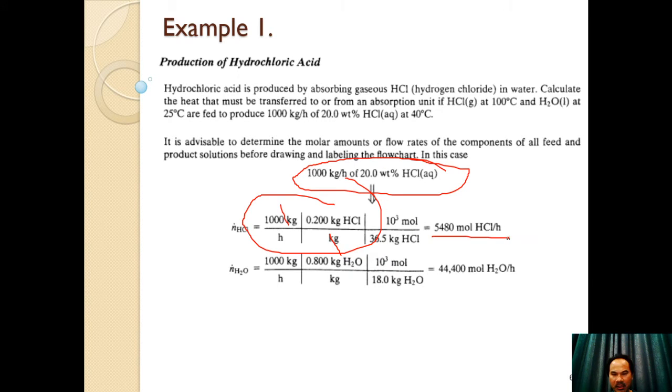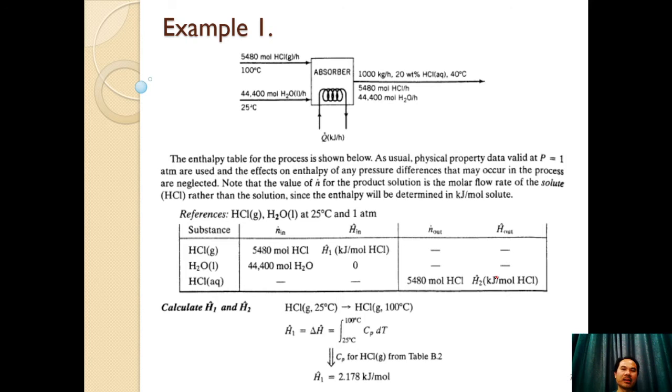1,000 gram moles. You get the molar flow rate of HCl in moles per hour, and also 80% is water. From 1,000 multiplied by 0.8, and the molecular weight of water is 18, you get 44,400 moles of water per hour. Now you know the molar flow rate of HCl and water in the output stream, and then you draw the flowchart.